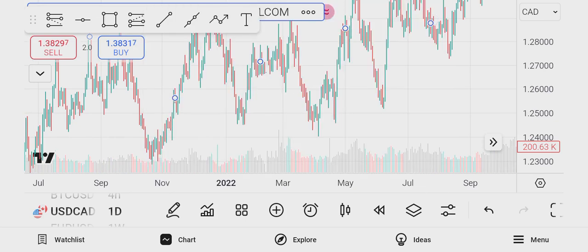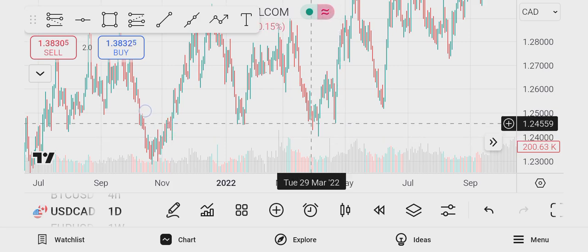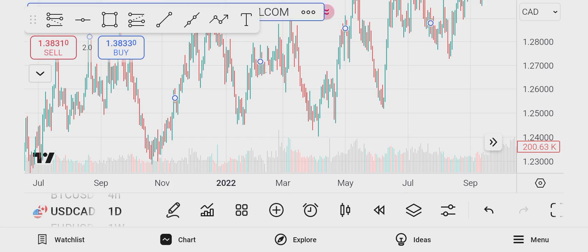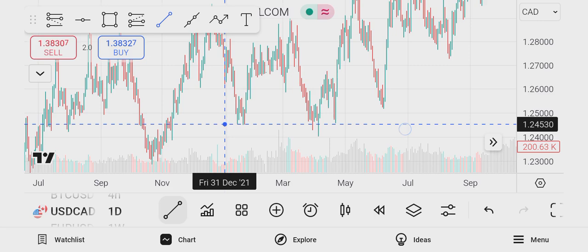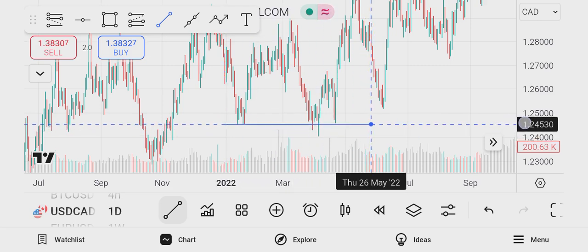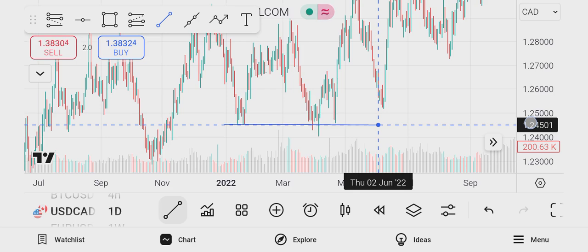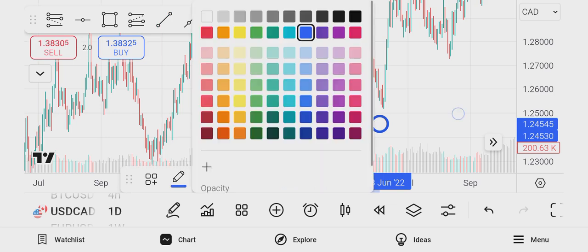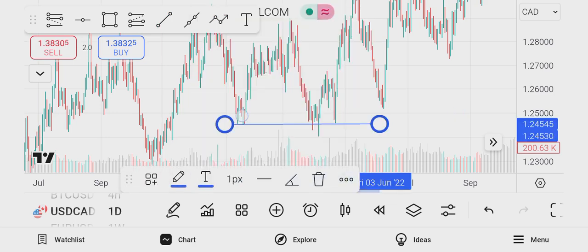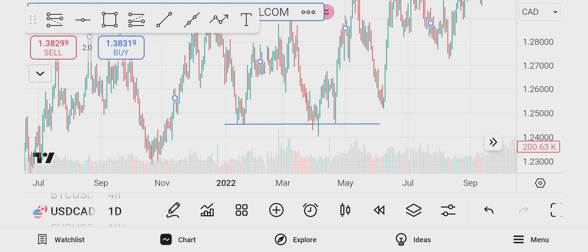The market came down to this place. Let me draw a line so that you'll understand what I'm trying to say. This is like the previous low. The market reacted to it.